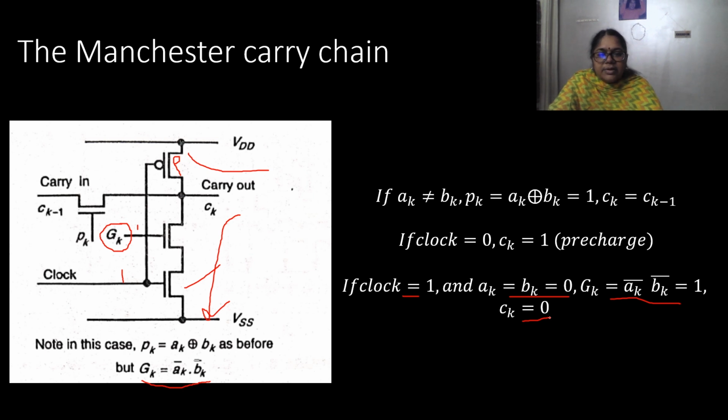But if A and B are not equal to 0, then this NMOS transistor will be off, so that the output carry will have to maintain the same value which it was previously having.